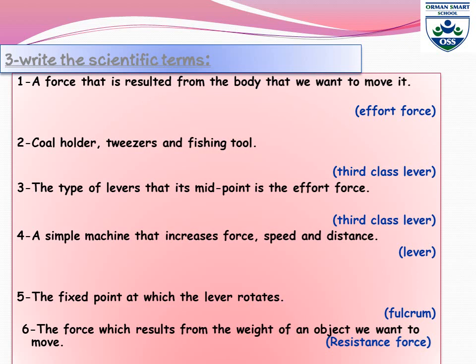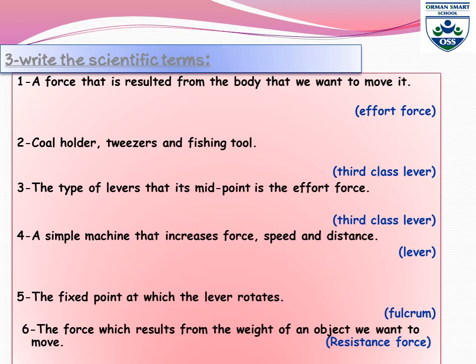3. The type of levers whose midpoint is the effort force is the third-class lever. 4. A simple machine that increases force, speed, and distance is the definition of lever. 5.